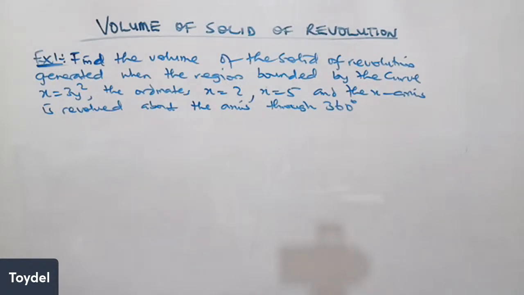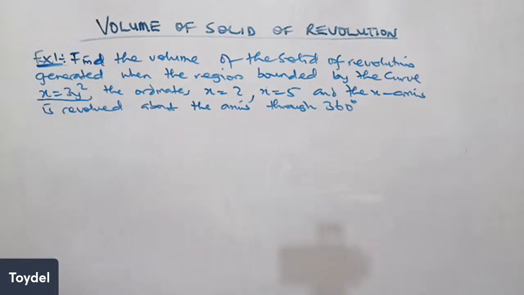So we are on the safer side. Let's look at the question very well. We have to find the volume of solid of revolution generated when the region bounded by this curve x is equal to 3y squared and the ordinates. In this case, we are given the ordinates.